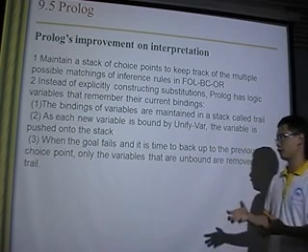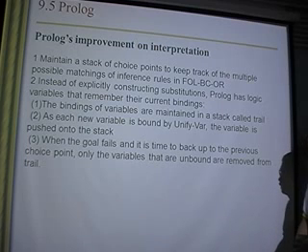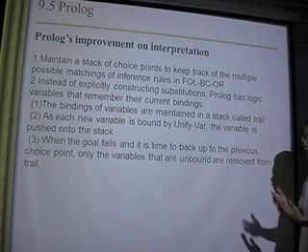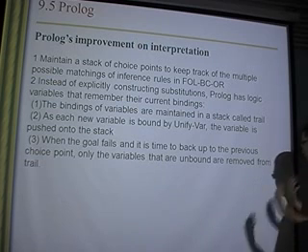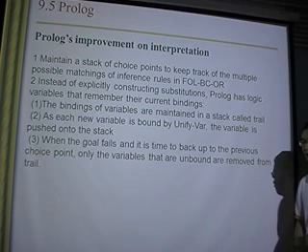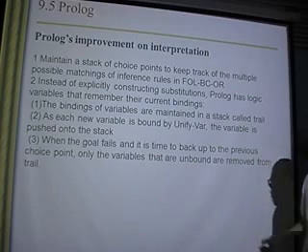And when the goal fails and it is time to back up to the previous choice point, we do not pop out everything. Only the variables that were bound since that choice point are removed from the trail, so there are some remaining variables on which we can continue our inference.